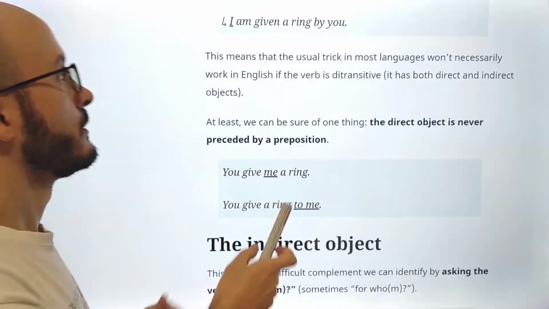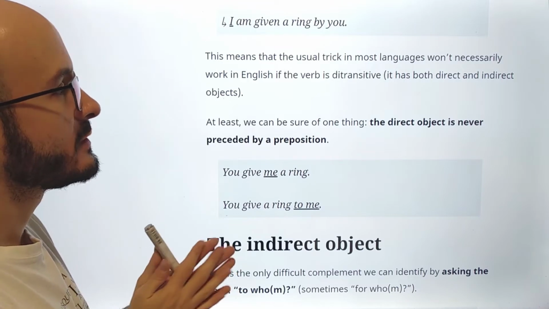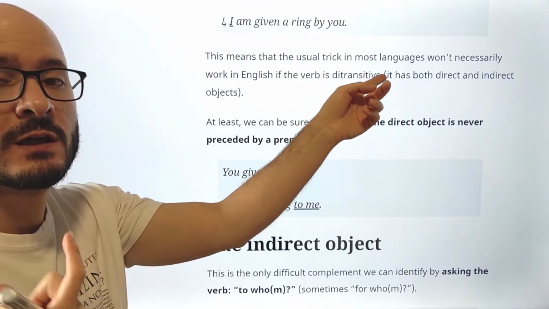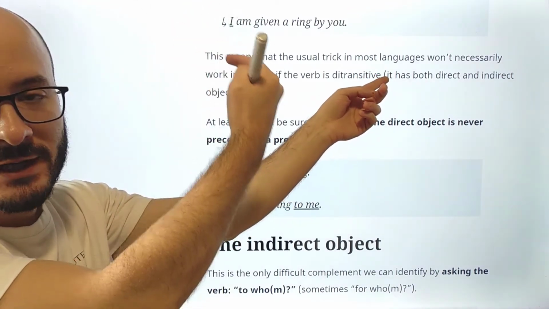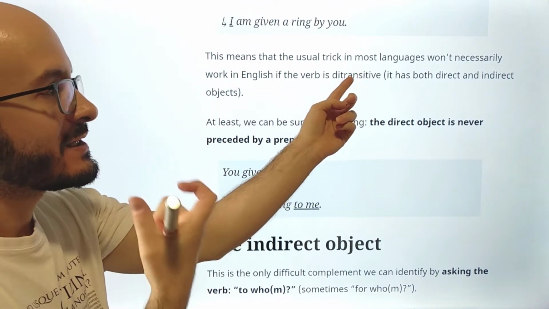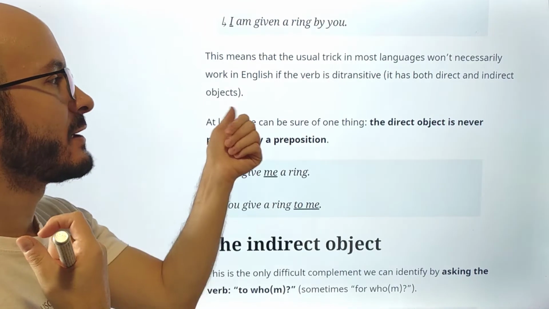So, what now? This means that the usual trick, in most languages, won't necessarily work in English if the verb is ditransitive. Remember that we said transitive has direct object. Intransitive doesn't have direct object. Now, what is ditransitive? It has both direct and indirect objects.